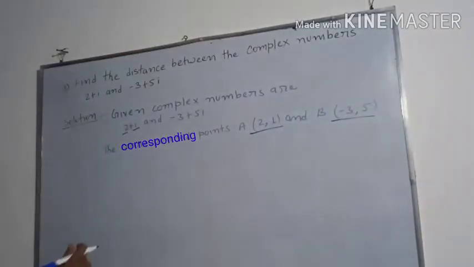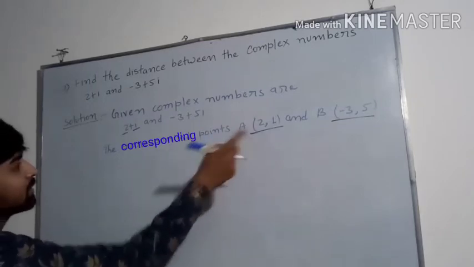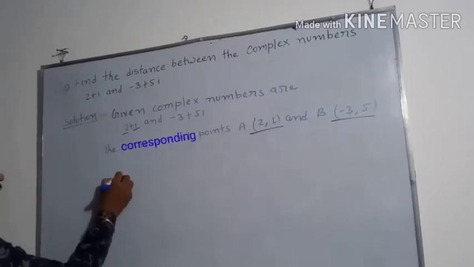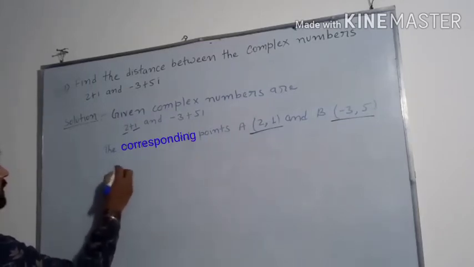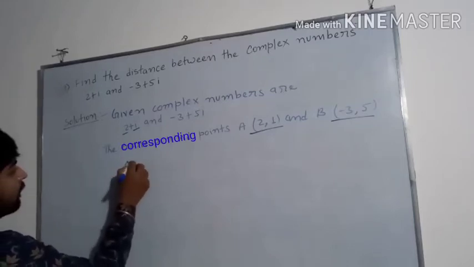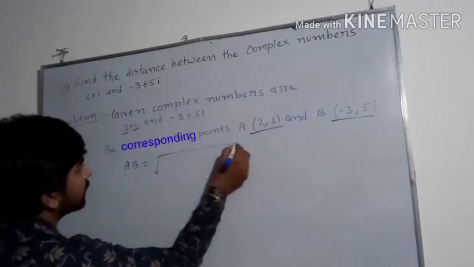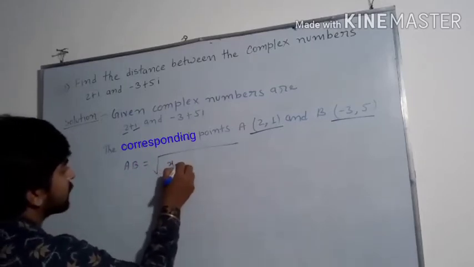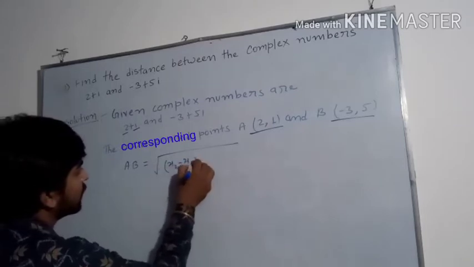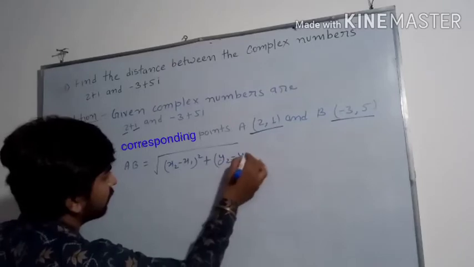So the distance formula is, when 2 points are given, the distance between A and B is equal to under root (x2 minus x1) whole square plus (y2 minus y1) whole square.